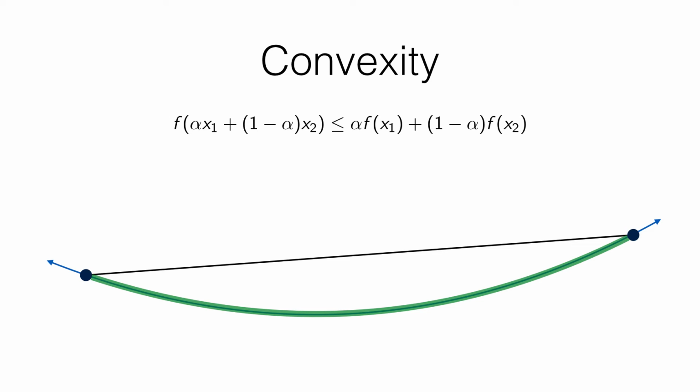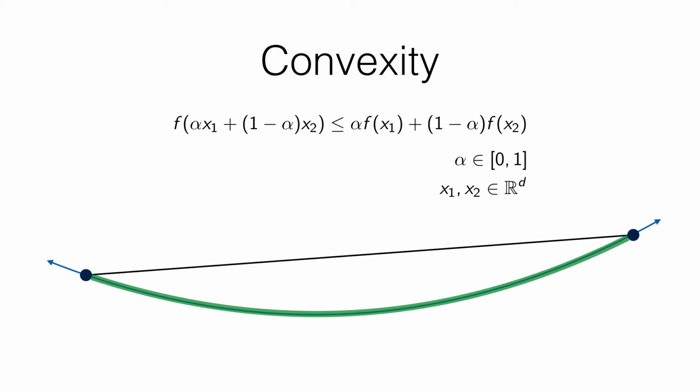And what is this talking about? Well, first off, let's give some more definitions for the domains of these values. Alpha is going to have to be a number between 0 and 1, so you can think of it as a proportion. And x1 and x2 are points in the real vector space.